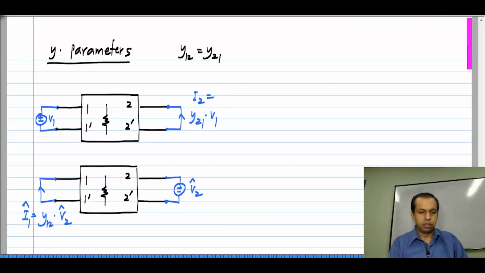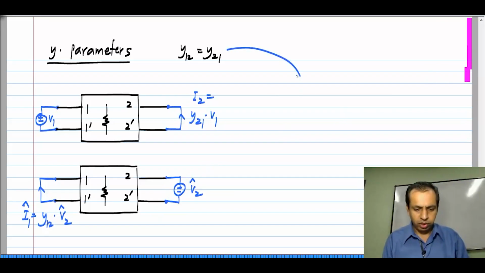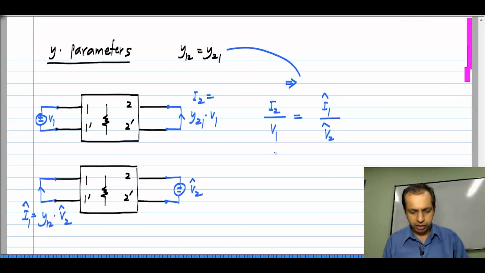In this form, in terms of y parameters, it says that the ratio of short circuit current in one port to the applied voltage is the same as the short circuit current in port 1 to the voltage applied at port 2. So, what it implies is the ratio of short circuit current in port 2 to the voltage applied at port 1, this is y21, will be equal to I1 hat divided by V2 hat.